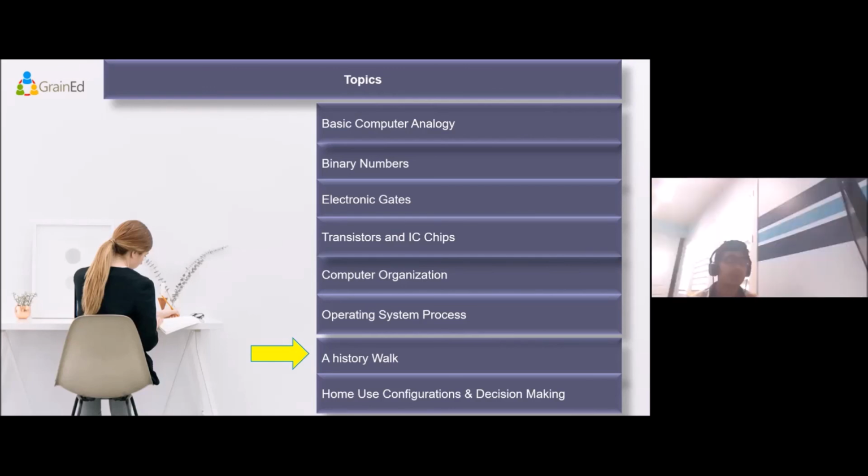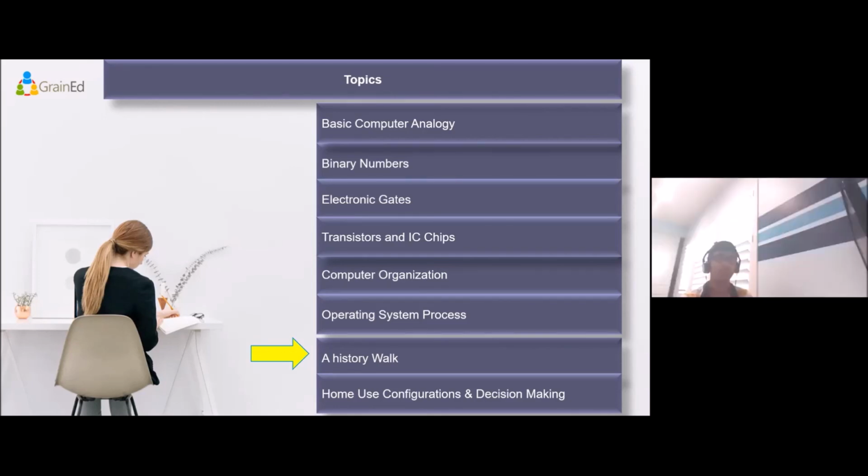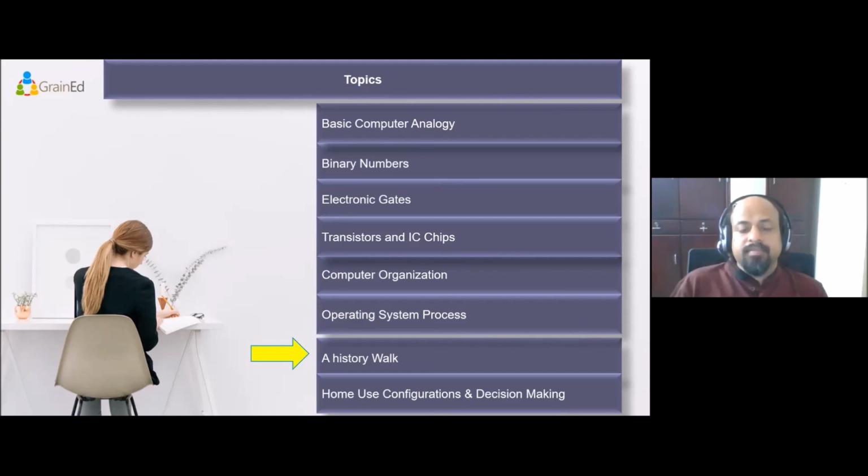And then computer organization. In that session, we learned that there are multiple layers to a computer: software, middleware, and hardware. Then we did a history walk, learning about how the computer developed over the years. And also the operating system processes, right?